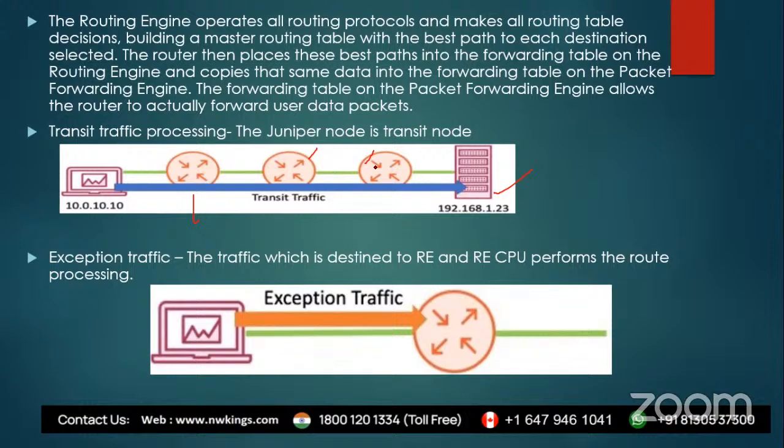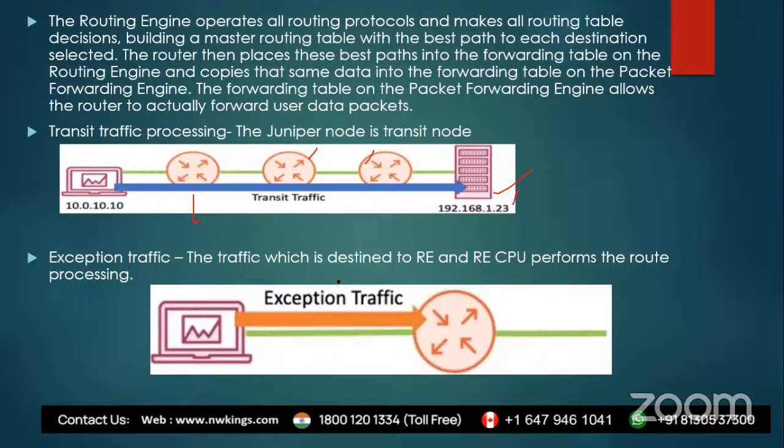So from R1, R2, R3's perspective, this is transit traffic. The packet which is destined to someone else, either a server or some other router, which is destined to 1.23, an IP address not assigned to any of the interfaces, will be forwarded to the next router. That is called transit traffic.